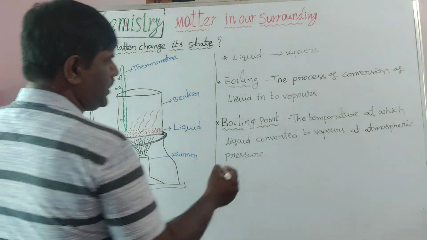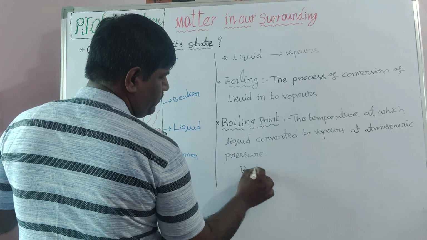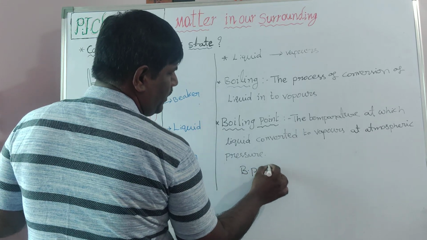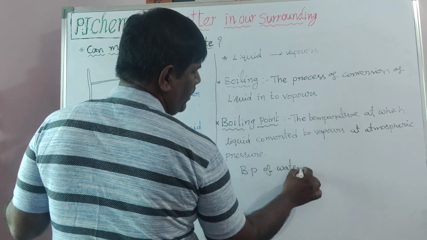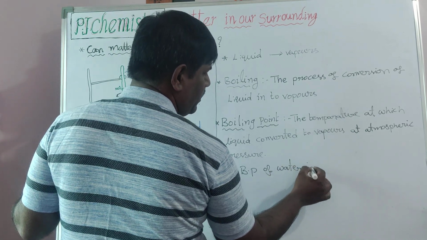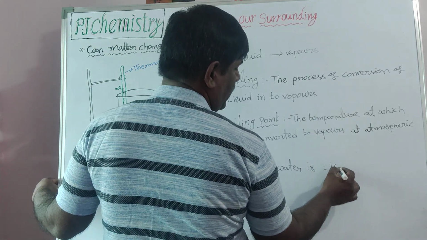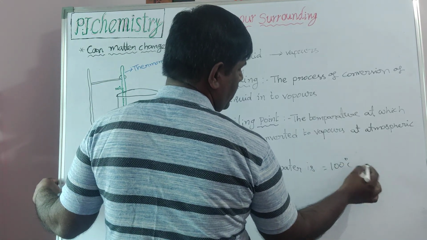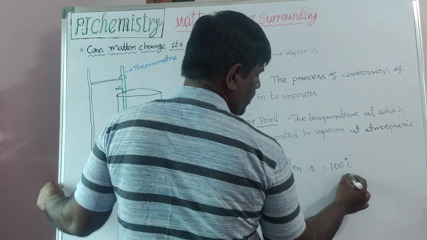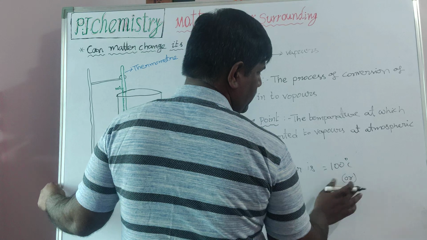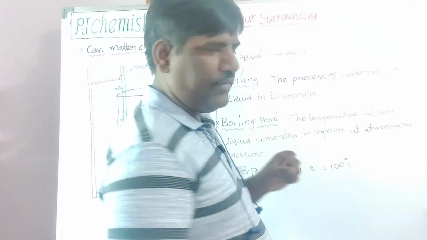So what is the boiling point of water? The boiling point of water is 100 degrees Celsius, or 373.15 kelvins exact value.